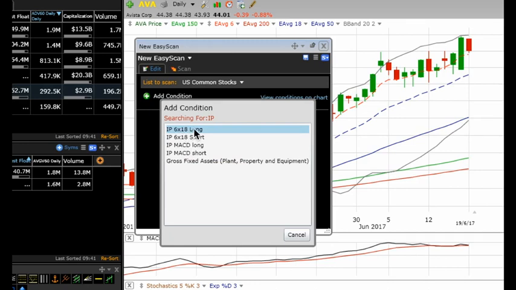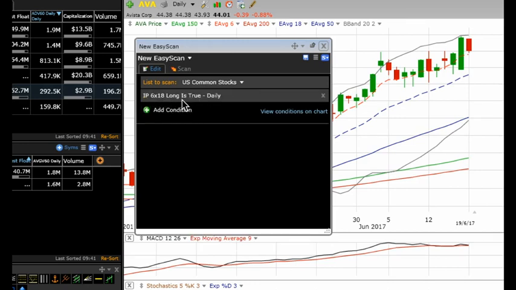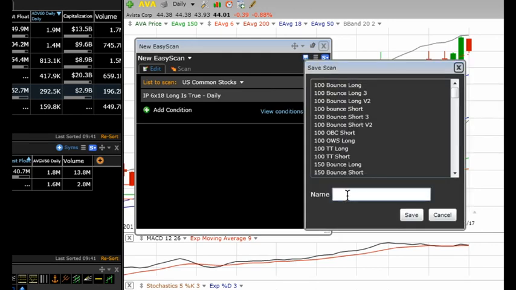So click on that and save. Click save. And we call this same name, impulse pullback 6x18 long. Save. So now you have got an easy scan for 6x18 long.